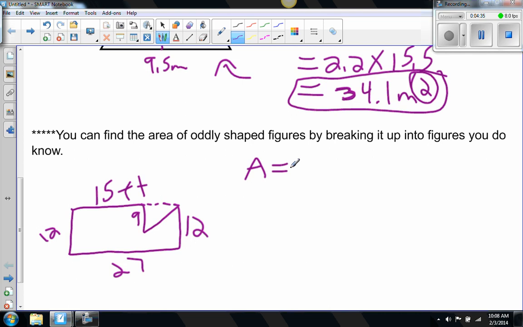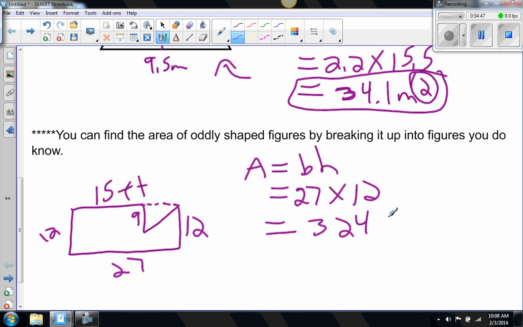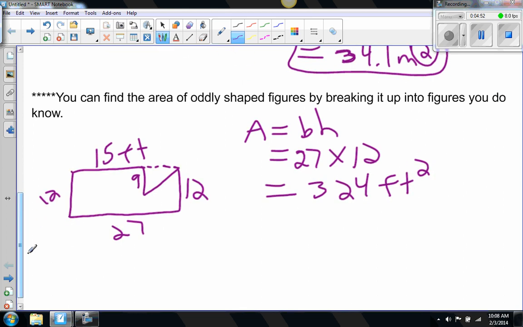So area of a rectangle would be base times height, and so the whole thing is 27, and the height of the whole thing is here, it's 12. So 27 times 12 is 324 square feet. But that's not my final answer because I need to cut out this piece right here.